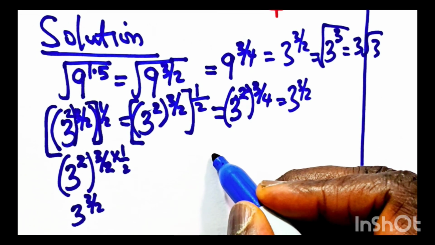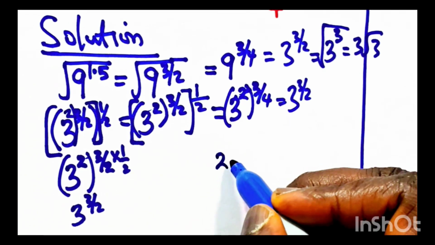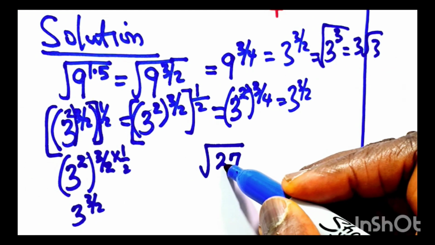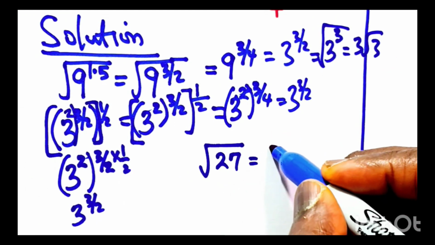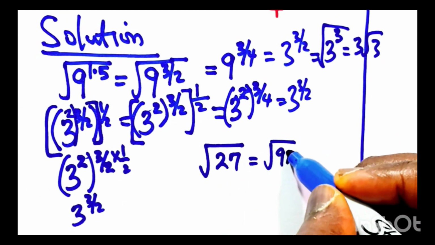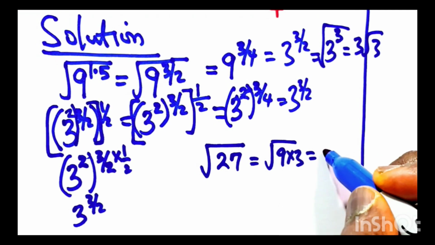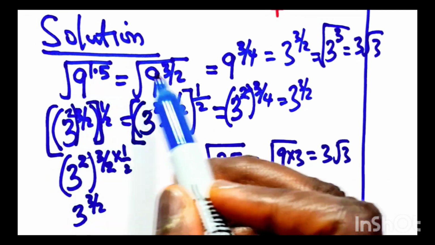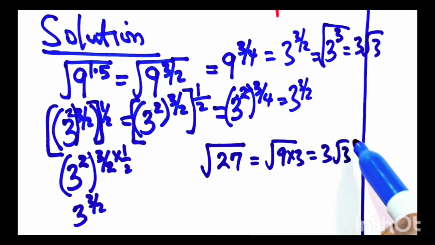And if I say 27, the square root of 27 is the same thing as the square root of 9 times 3, which is the same thing as 3 root 3. So this gives 3 root 3.